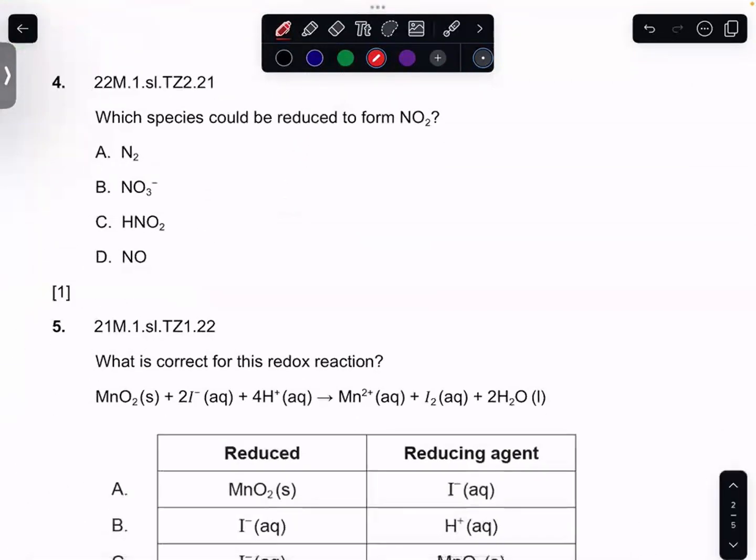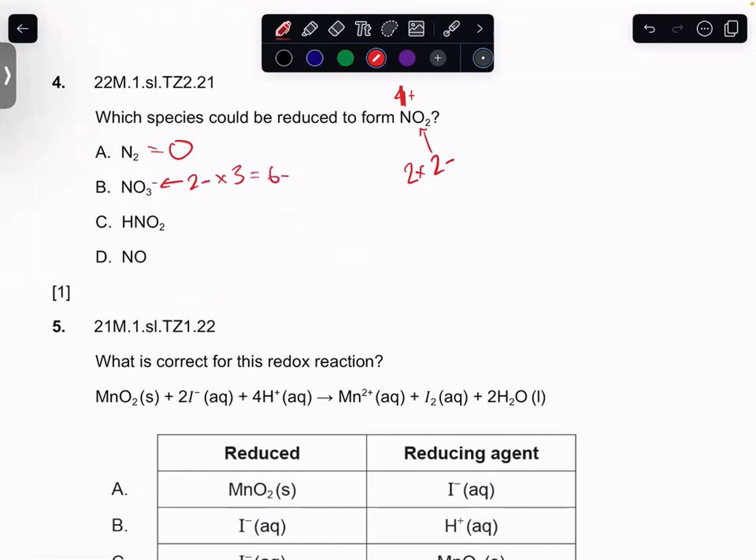Which species could be reduced to form NO2? It's the same thing as the last one with sulfur, where we're going to look at what decreases to get nitrogen's oxidation state. Oxygen is 2 minus. We have 2 of them, so nitrogen must be 4 plus. So which of these will become 4 plus when they decrease? Well, N2 is 0. NO3, each oxygen is 2 minus times 3 of them.